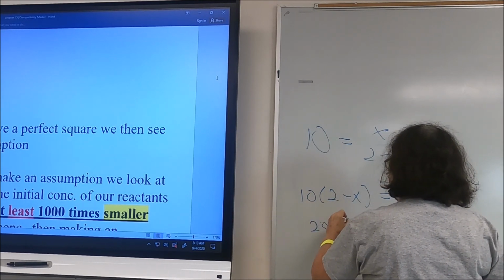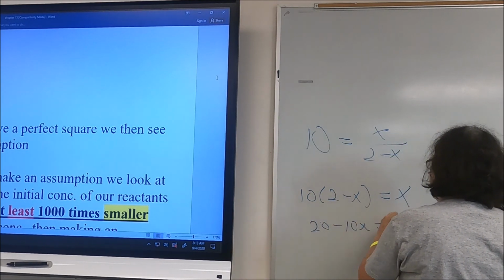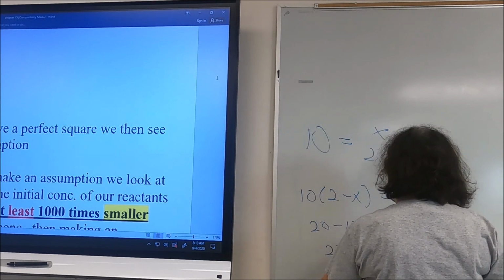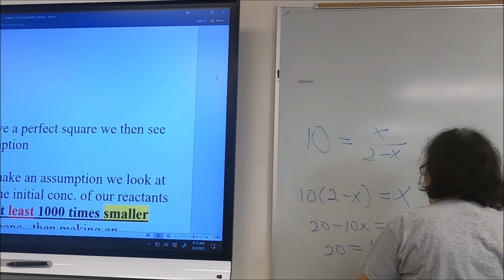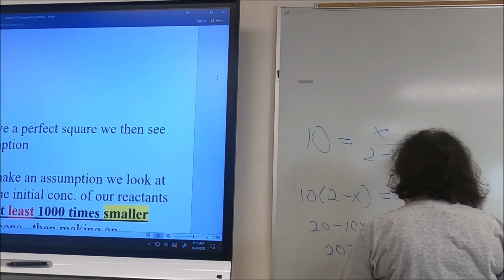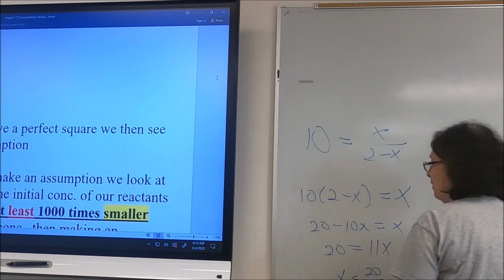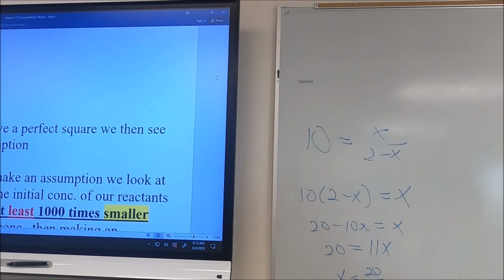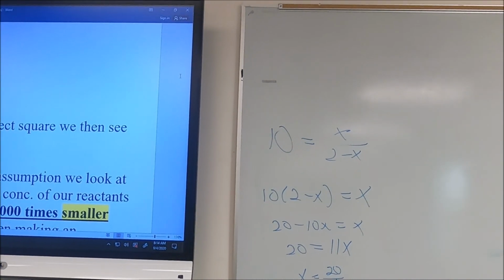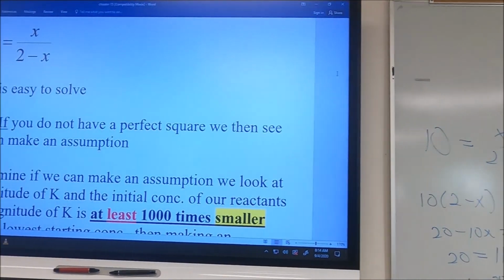So I have 2 minus 10x is equal to x, or 2 equals 11x. So x is going to be 2 divided by 11. Okay? It's an easy solve. If all of them were perfect squares, our lives would be perfect. Unfortunately, they're not.